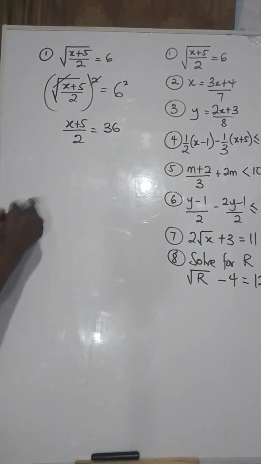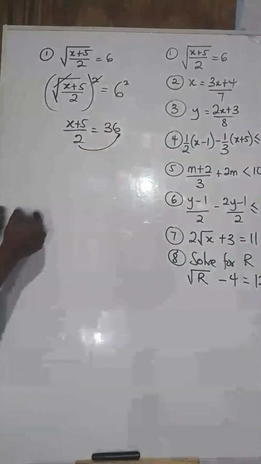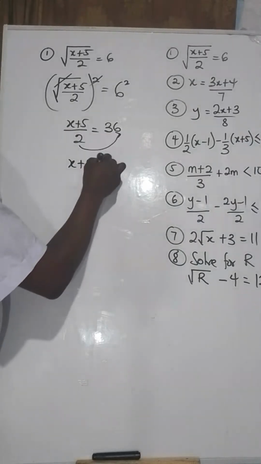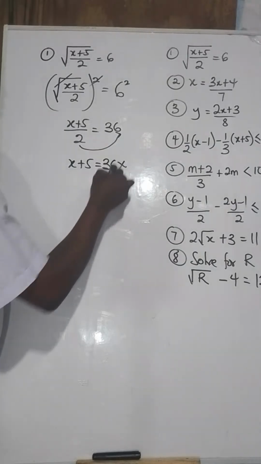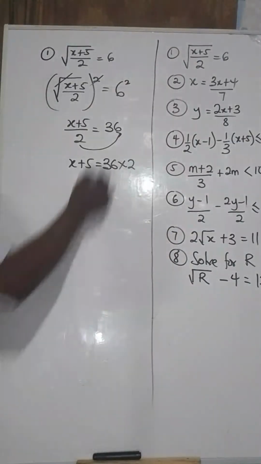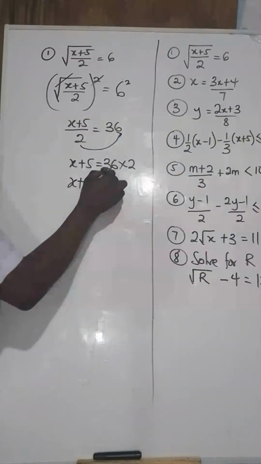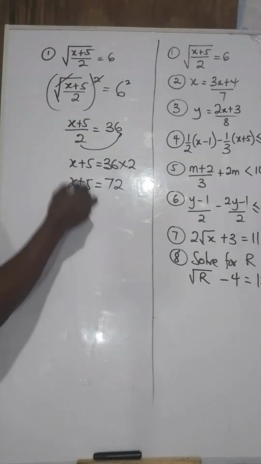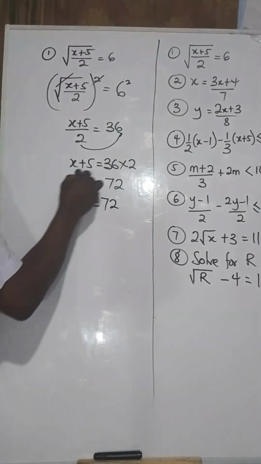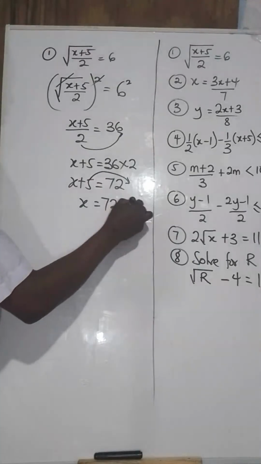So from here, the LCM is 2, so the 2 multiplies the 36, and we have x + 5 = 36 × 2, right? So this will give us x + 5 = 72. Then from here I have x = 72, and this 5 comes here, that is positive, becomes negative here.